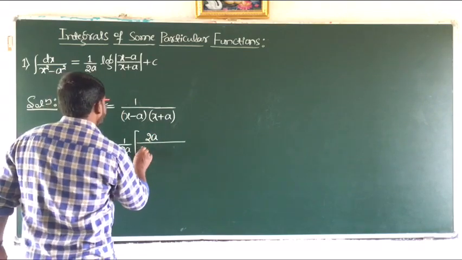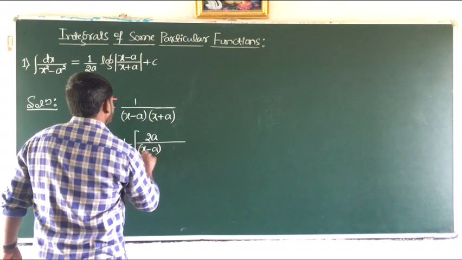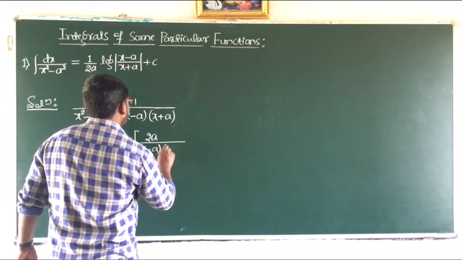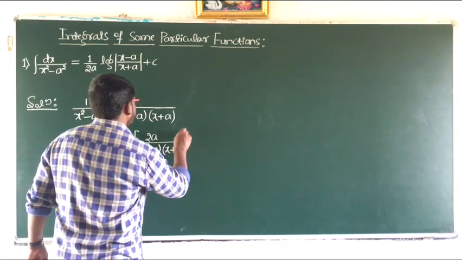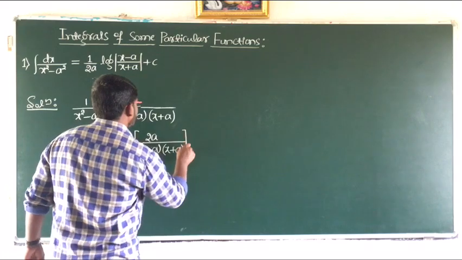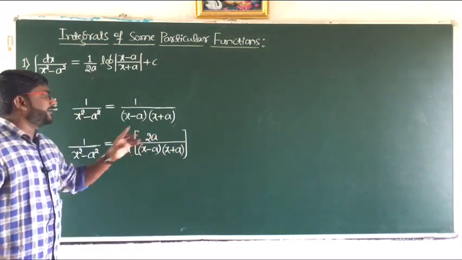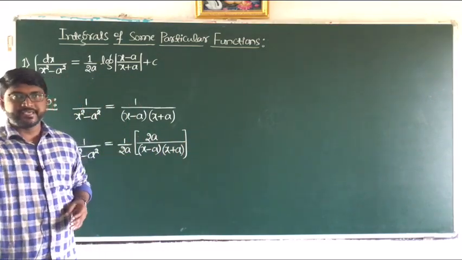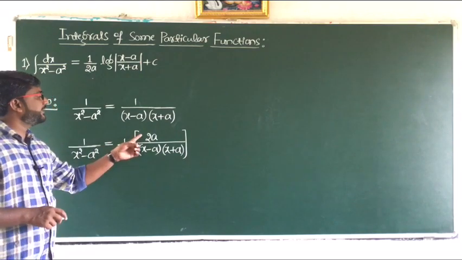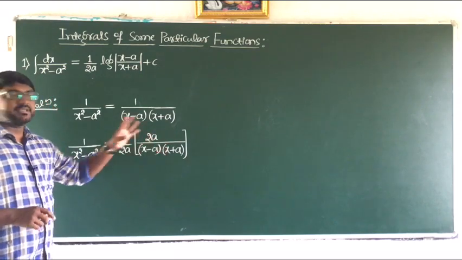Then x minus a into x plus a. In the next step, 2a can be written as a plus a. At the same time I add and subtract x in the numerator.